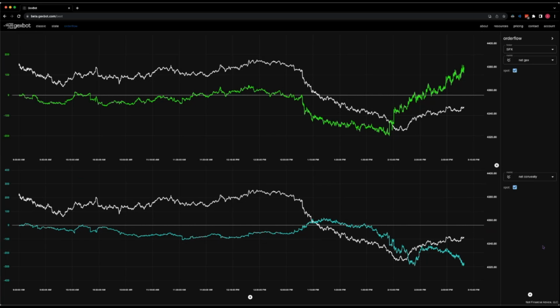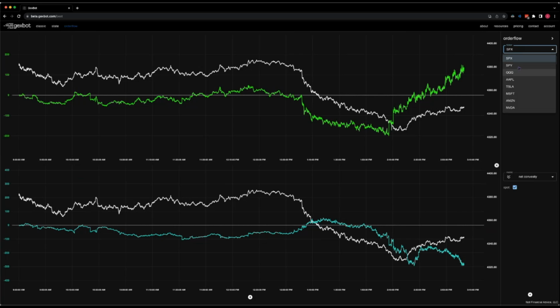And my background is more so as an option trader, and this is something that I really wanted to have because I want to know, is it okay for me to be holding on to short strangles here or not, right? Like what's going on? What do other people think? Yeah, it's a really great bird's eye view of what everyone's trying to pile into, what they're expecting, how they're reacting to price, following their expectations or not. And yeah, super cool.